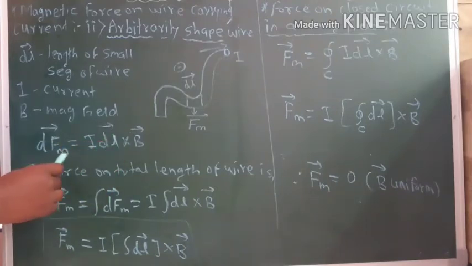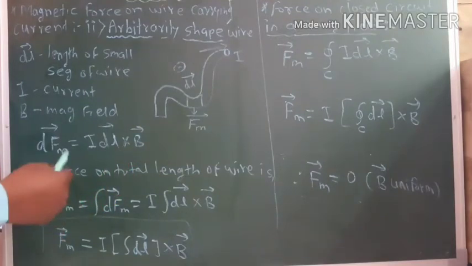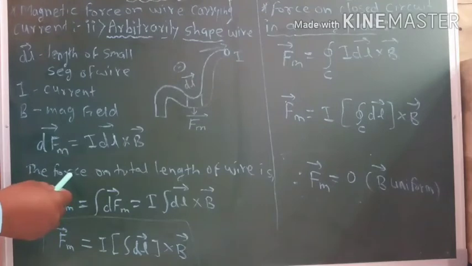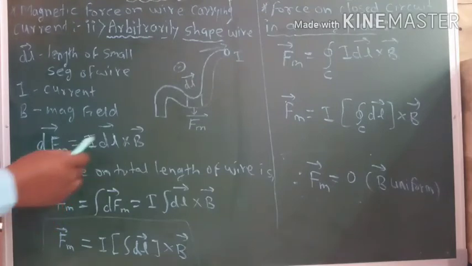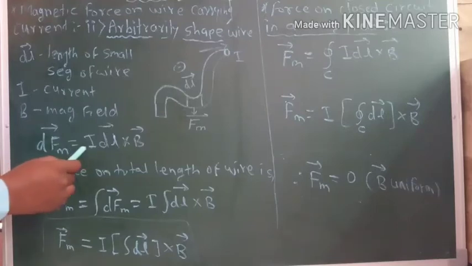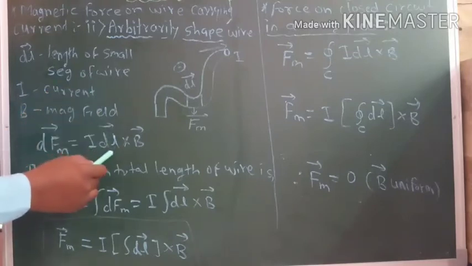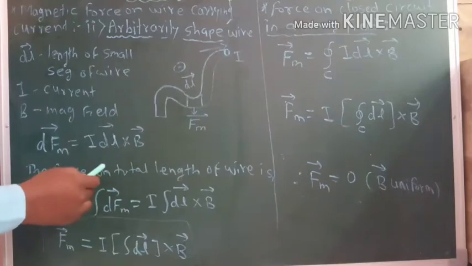We consider here the small element dl, therefore we can write the small magnetic force dF_m vector equals I dl vector cross B vector.